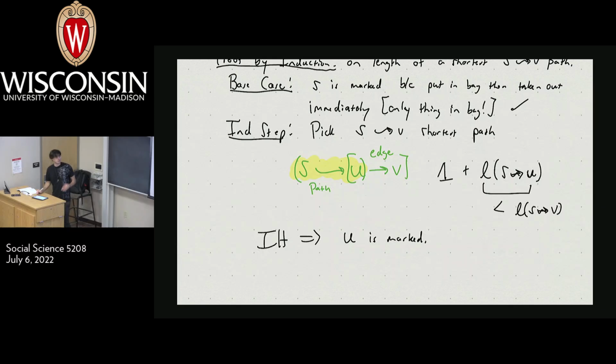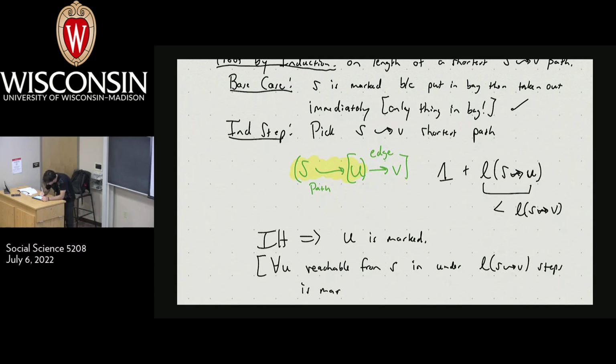Right? So the induction hypothesis here is anything reachable from S is marked by the algorithm. So any U reachable from S in under length of S to V steps is marked by whatever first search.